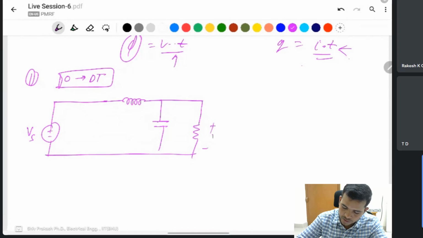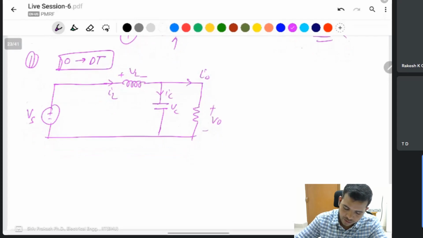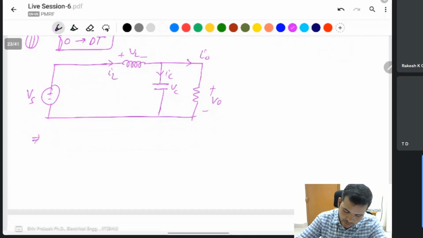Looks like this: Vs, this one V naught, IC, this one IL, VL, VC same as V naught, this one I naught. And what will be the VL?